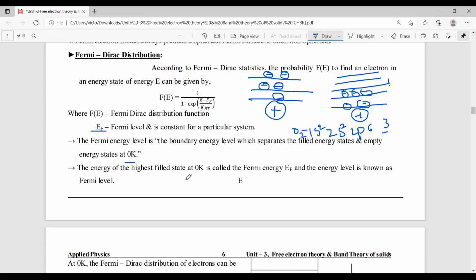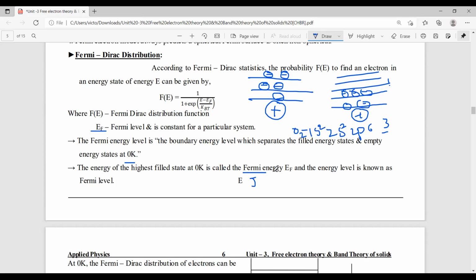So the energy of the highest filled state at 0 Kelvin is also called the Fermi energy, and the energy level is known as the Fermi level. Energy is expressed in joules.